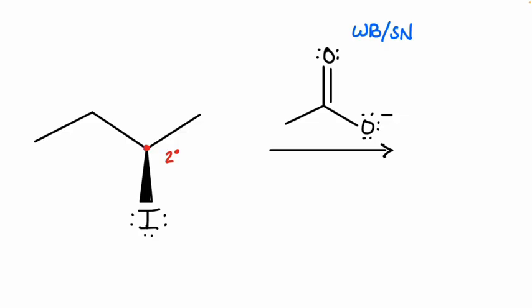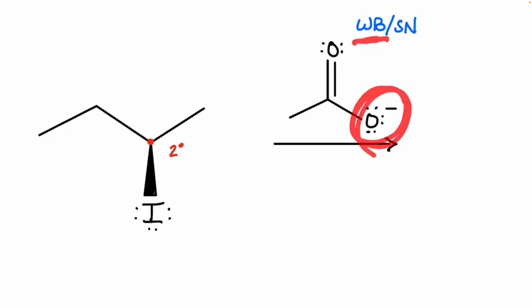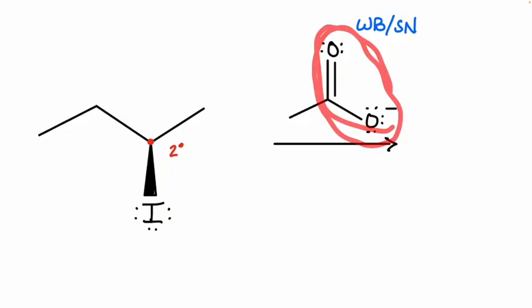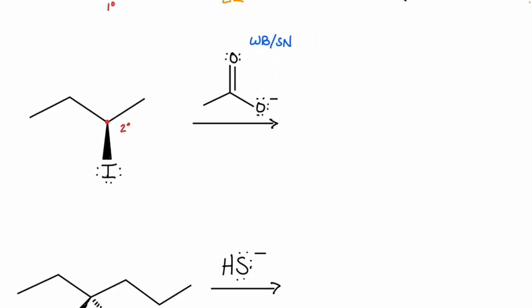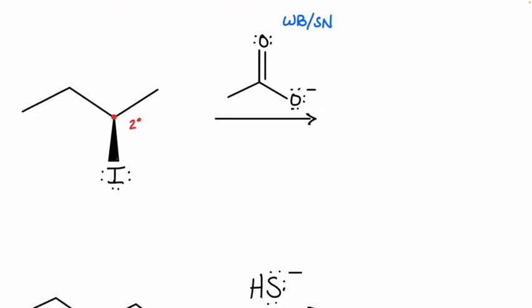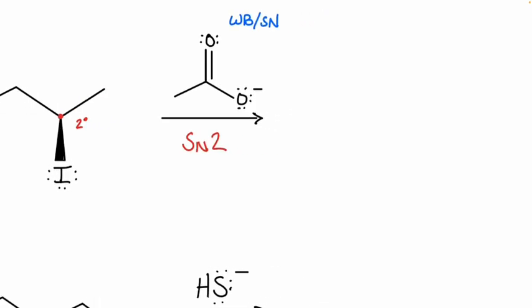What is it that makes it a strong nucleophile? That negative charge. And what is it that makes it a weak base? The fact that that negative charge is stabilized across both of those oxygens. So then this is going to undergo what type of reactions here? Substitution, and specifically an SN2.